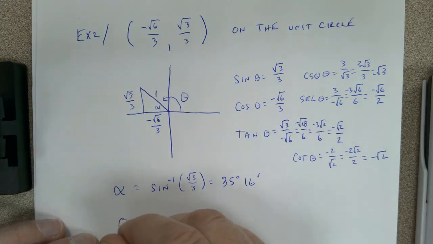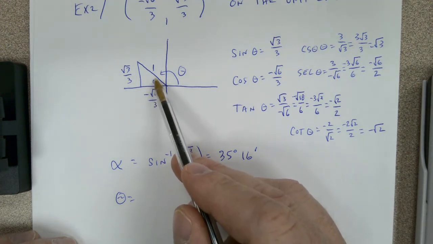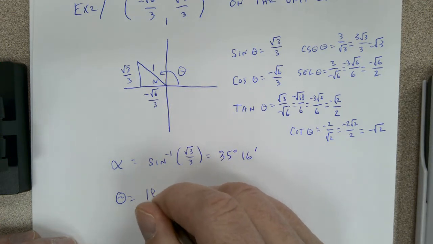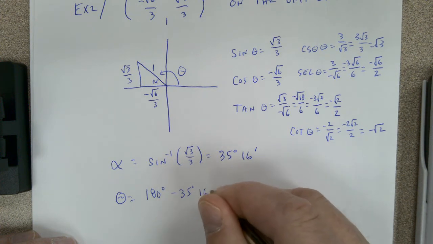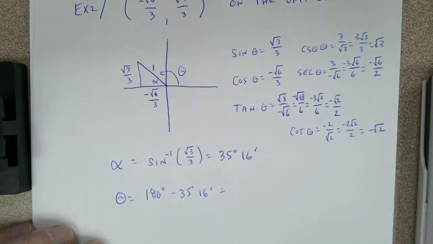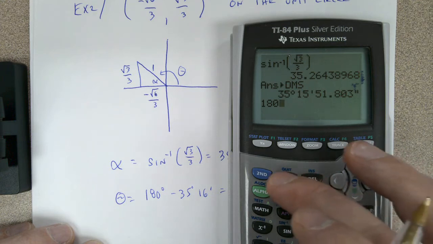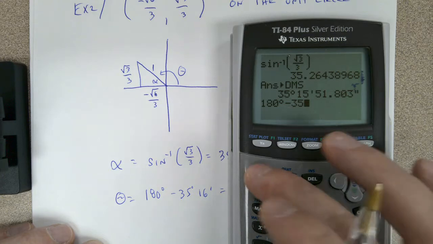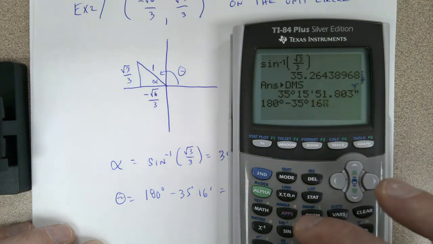Now I'm going to go ahead and find theta. To find theta, because alpha here is in the second quadrant, I'm going to take 180 degrees minus the 35 degrees and 16 minutes. Okay, so if I put that into my calculator, again, I'm going to do 180, and we're going to say that's degrees, minus 35 degrees and 16 minutes.